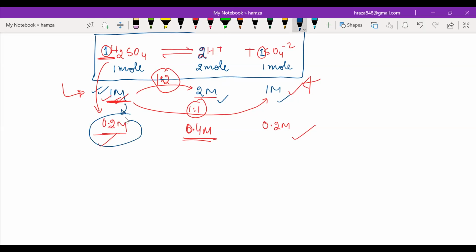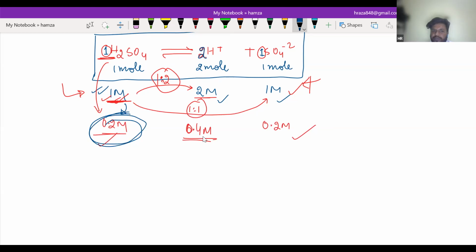This is the value we have. H2SO4 has molarity this much, and according to this, we need to calculate this. This is general. General, that means its stoichiometric coefficient is 1. With this 1, 2, 1, we are going to find a relation. What is the ratio between this, and if 1 mole of this will give 2 moles of this?